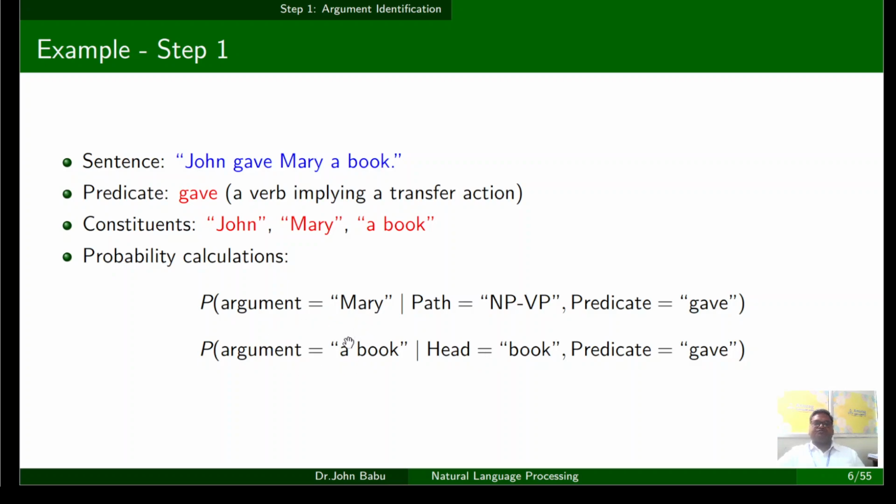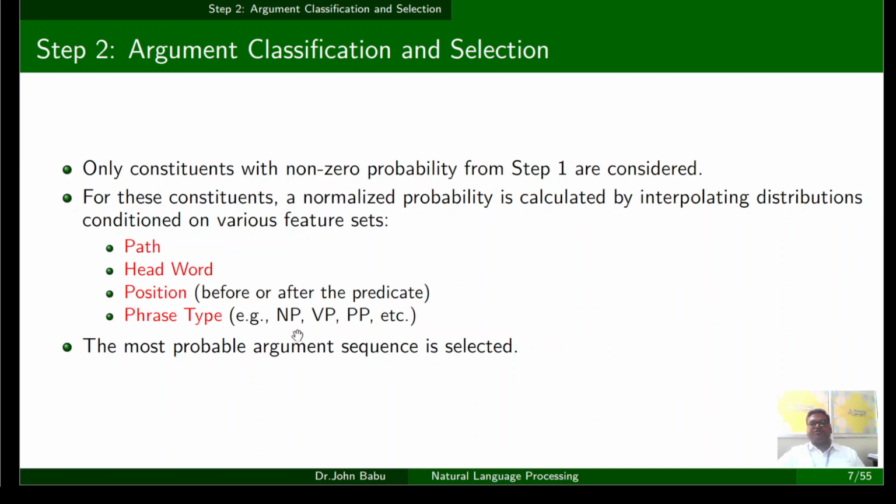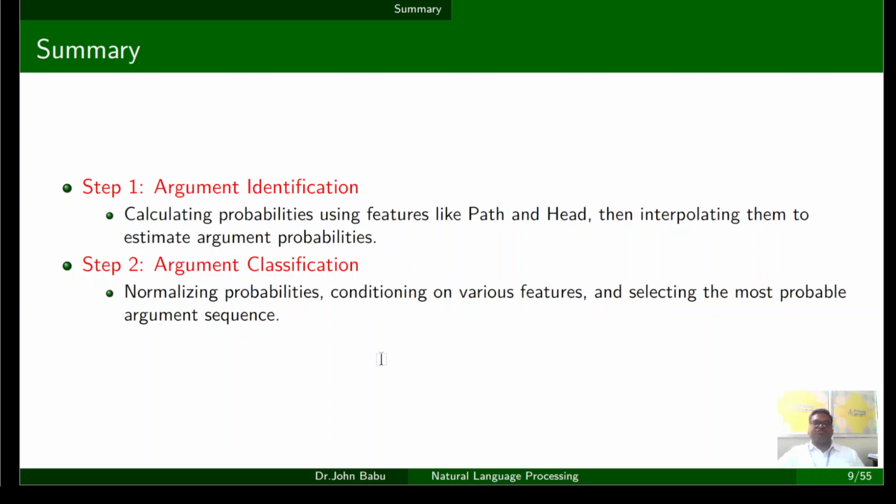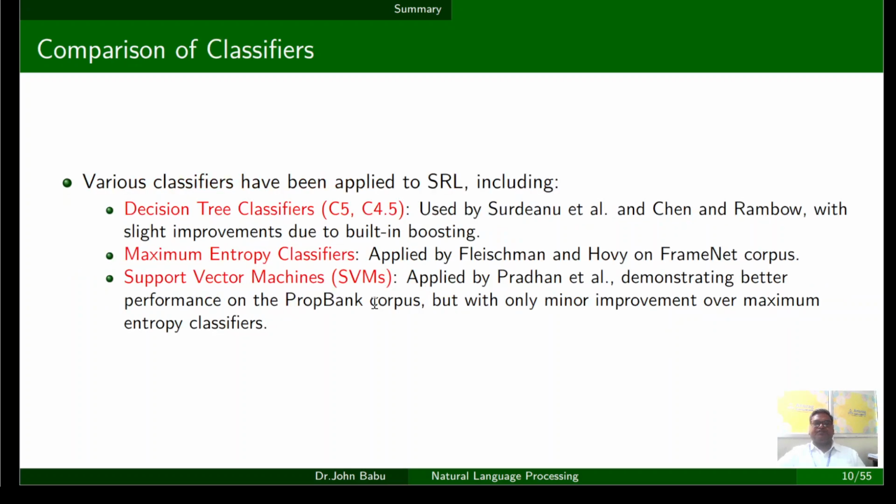Then once these are calculated, we interpolate these probabilities to estimate argument probabilities. Argument classification normalizes the probabilities and selects the most probable label for a given argument.